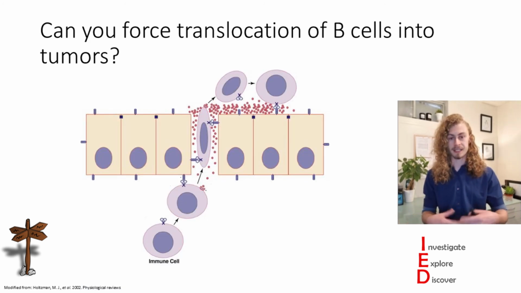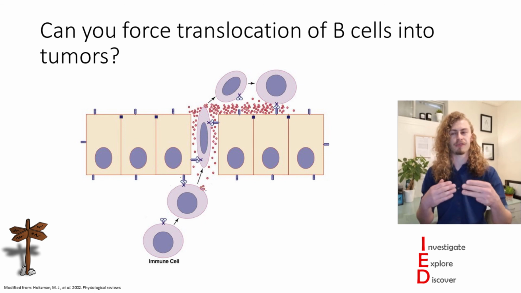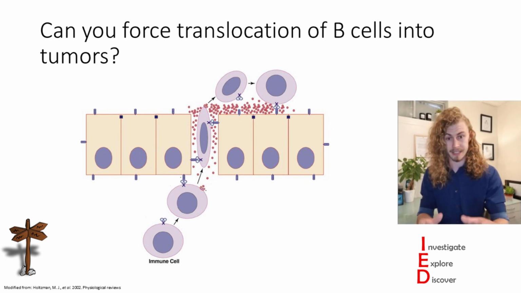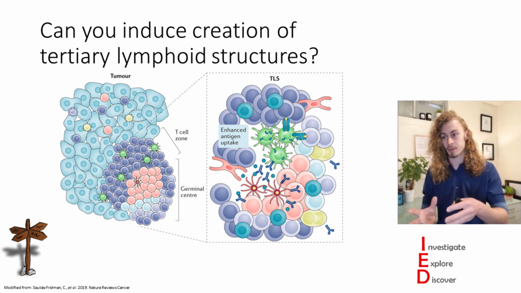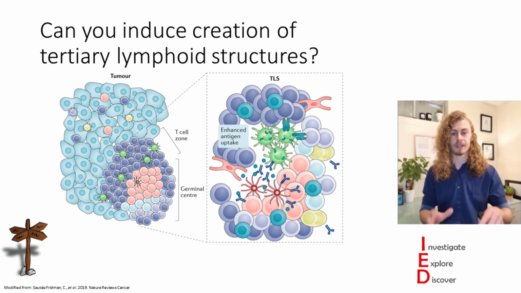Furthermore, because increased B cell populations are correlated with better cancer responses, is there a way that you can force translocation of B cells into these tumors? And along those same lines, tertiary lymphoid structures indicate humoral immune responses at the site of the tumors. So is there a way that we can induce tertiary lymphoid structure creation?